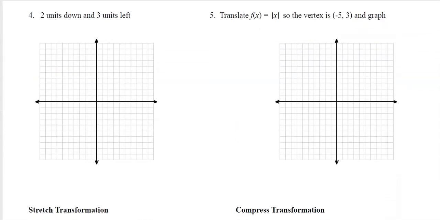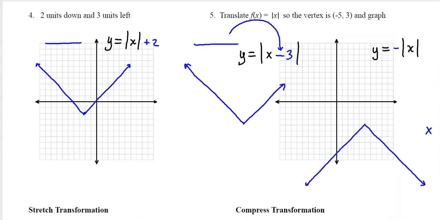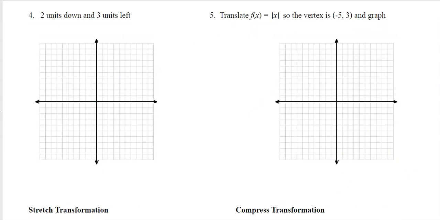All right, now what if we want to do kind of a combo, I'll call it? What if we want to do a couple different things? So we want to go 2 down and 3 left. Well, let's do those adjustments, and maybe again I'll color code this. So we always start off with y equals absolute value of x, and then we're going to do some things.